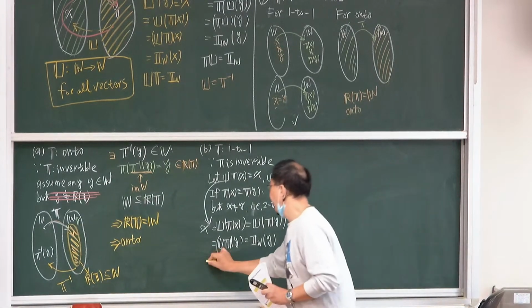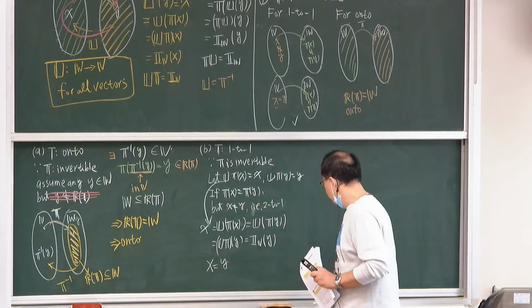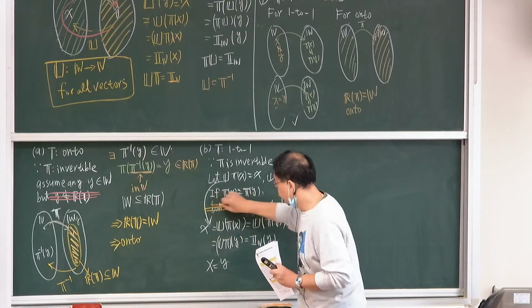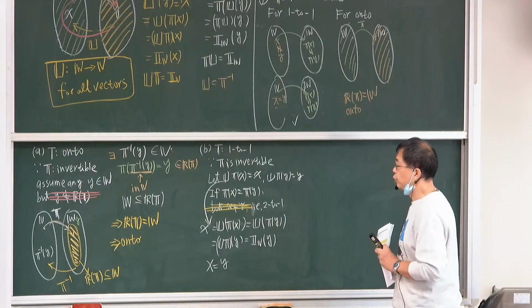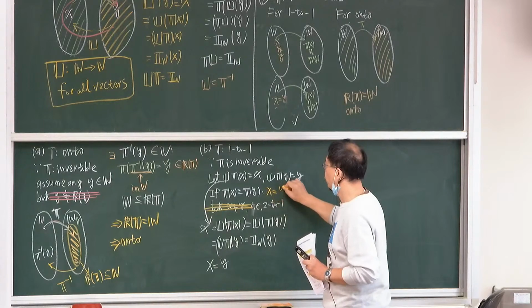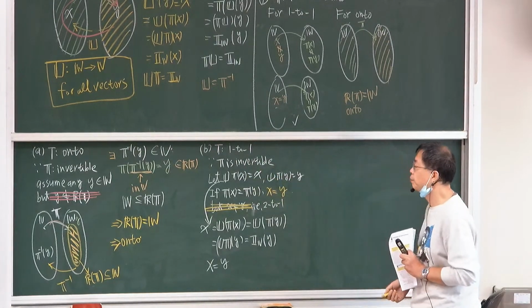Then we have X equals Y. So from here we know that this assumption is not true. So if T sub X equals T sub Y, X must be equal to Y, because T is invertible.